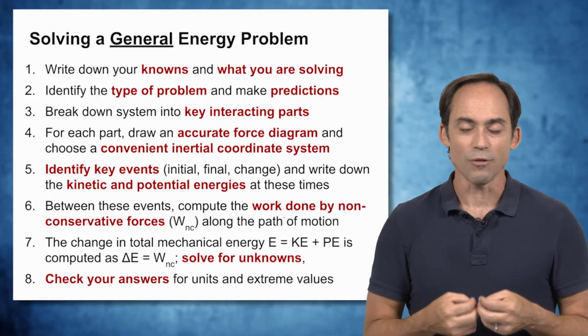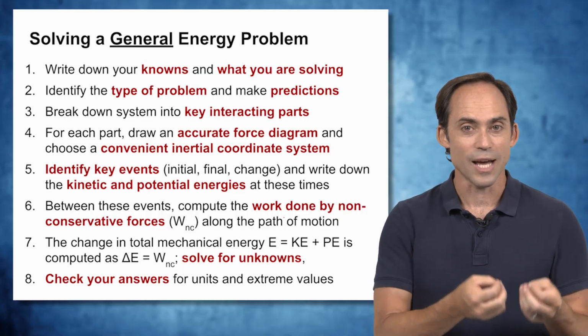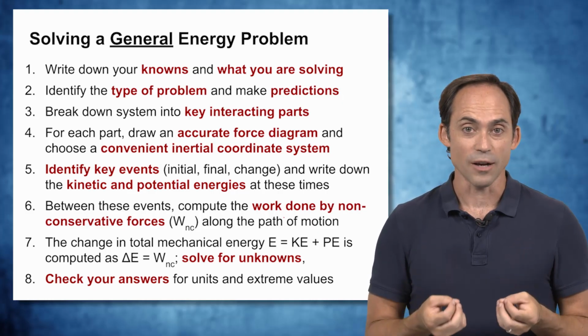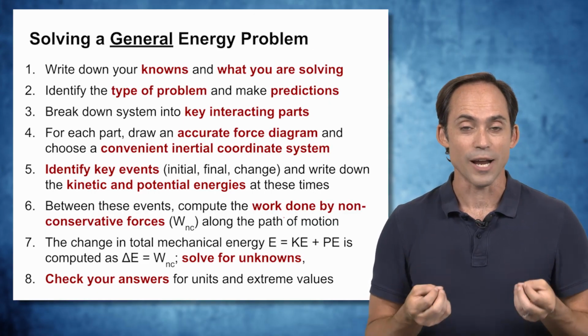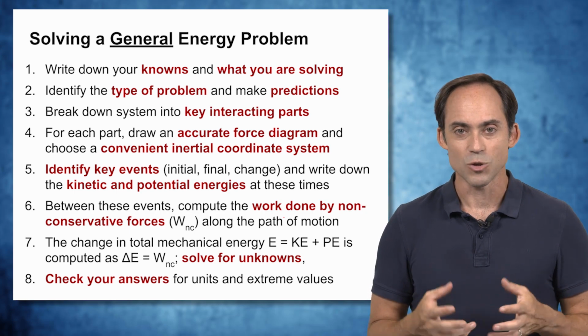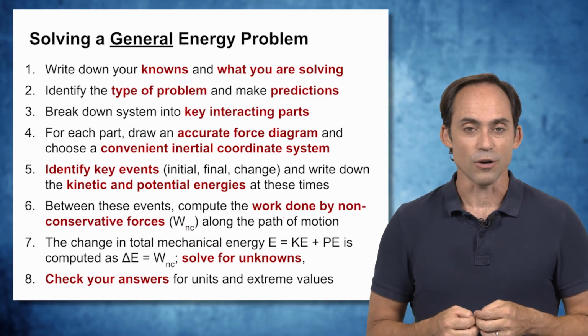Then we go back to our full definition for the change of energy, which is the change in kinetic plus potential energy is equal to the work from the non-conservative forces. All right, so instead of saying that equal to 0 when we had pure energy conservation for just conservative forces, we now set that change of energy to whatever the work done by the non-conservative force is. And at that point we can solve for our unknowns.